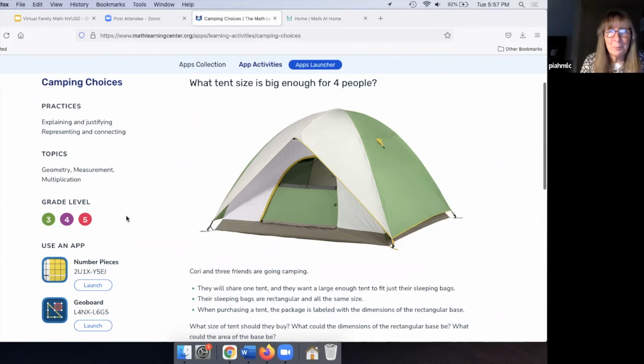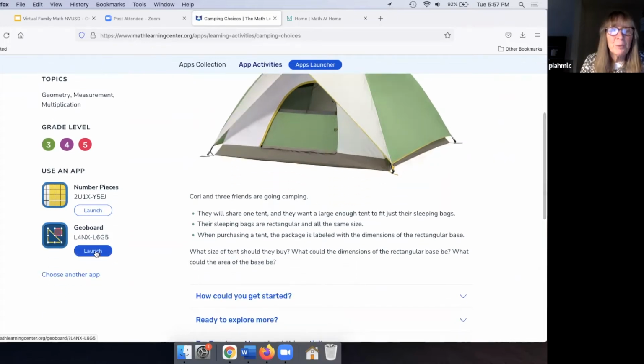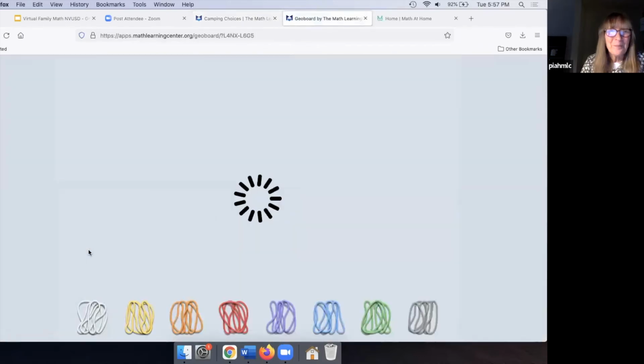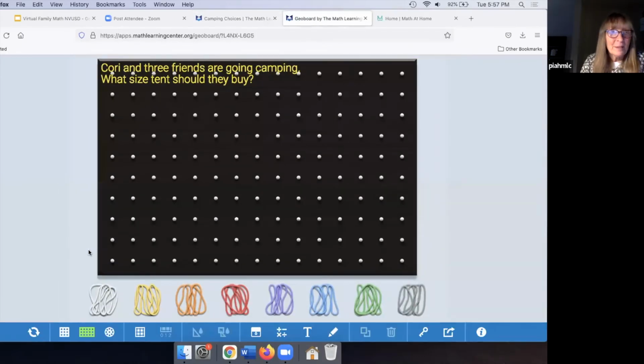Let me give you an example. So, a geo board here is suggested as one of the apps for the tent. So, I can go here to where it says launch and watch what happens to my view. Okay, so it sets up the problem for me.